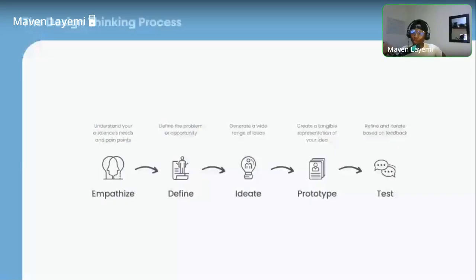Once you understand the problem, that is when you can generate ideas from the problem. You can go online, check Pinterest or any of these websites, get inspiration, and you can also create ideas by yourself.